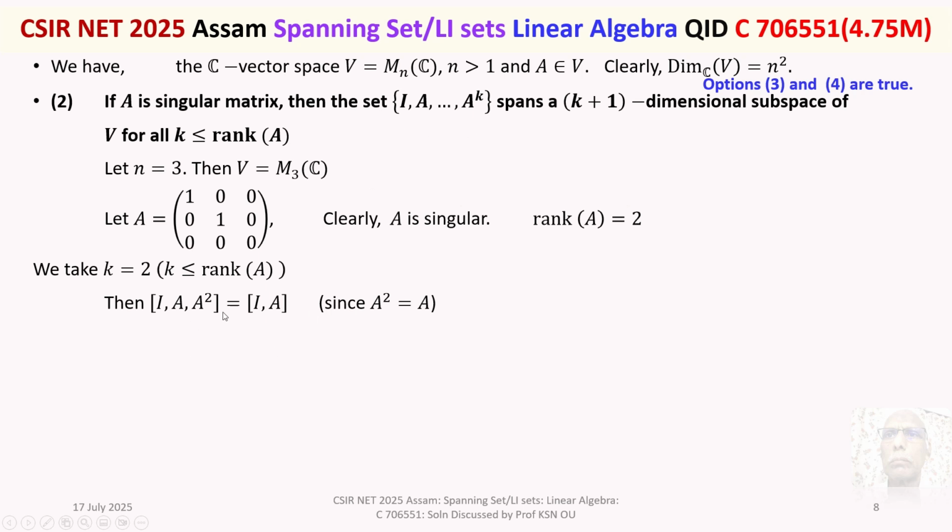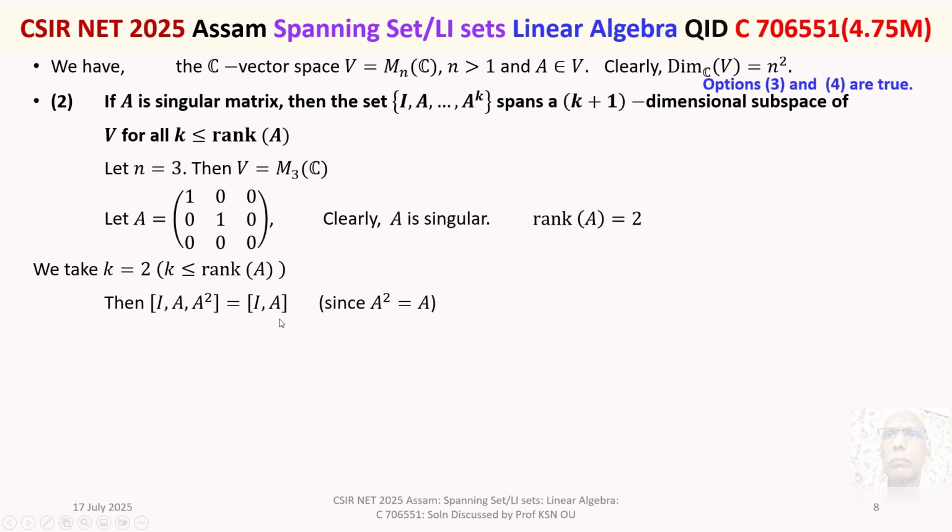Spans means take the linear span. And that will be equal to the linear span of I, A only. Why? Because A squared is A. You can check. Take A, square it, it is A.